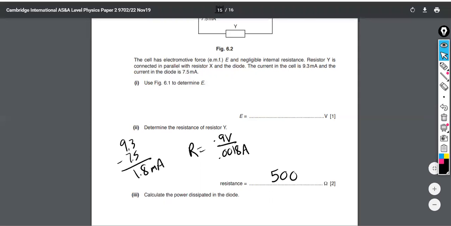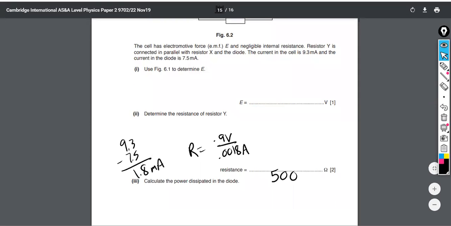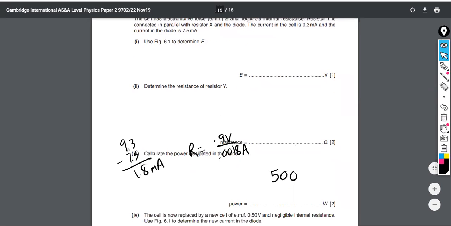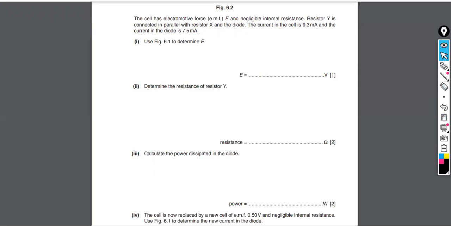The question goes on to ask us to calculate the power dissipated in the diode. Well, we kind of know both I and V, so we'll just use that one.